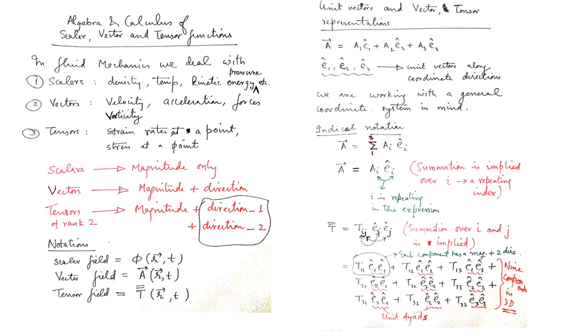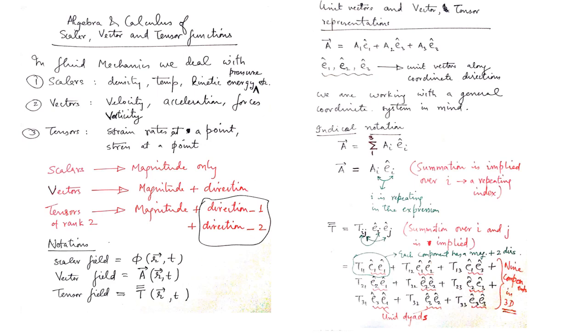And if we extend this idea further, tensors of rank 2 have three things associated with them at any point in the flow domain. It has a magnitude, but it has information of two directions. So I've written here direction 1 and direction 2. So there are inherently three things associated with a tensor of rank 2. It has a magnitude and two directions.